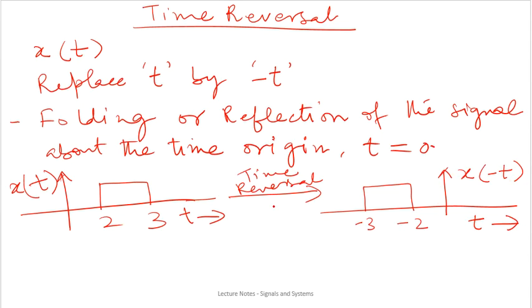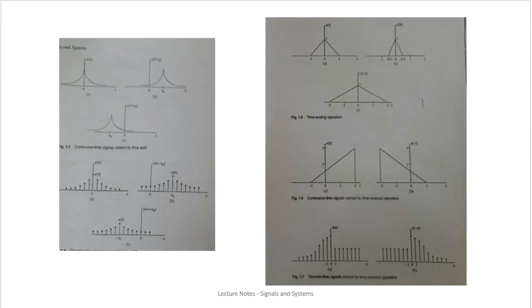Okay, so this is called the time reversal operation. So these are the three basic types of operations which are performed on different types of signals. Before going further, all these three types of operation are depicted here.